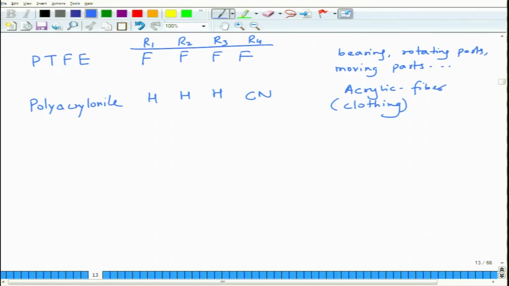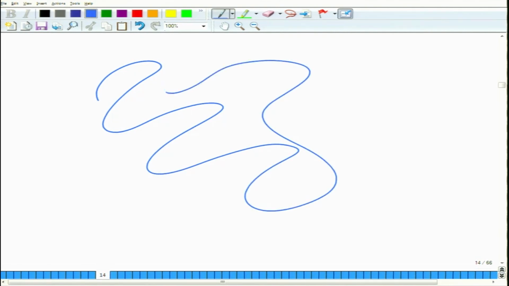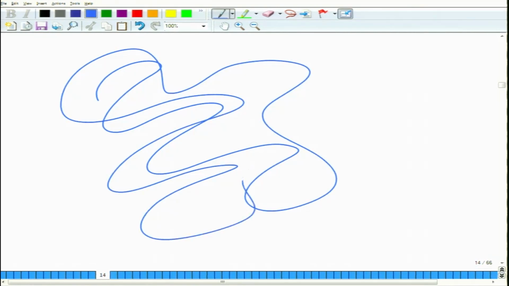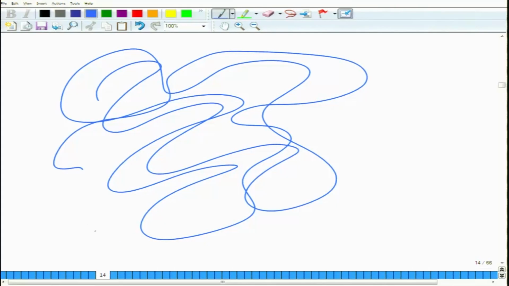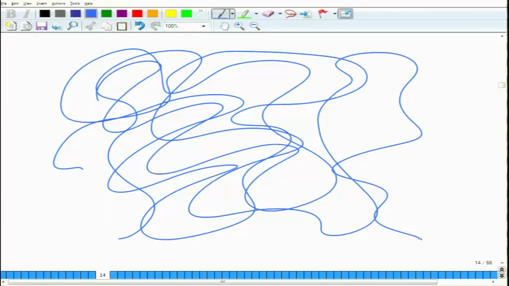So essentially, a long chain polymer would look like this: you have this long chain going, and then you have another long chain going like this, and along the chain you will have molecules sitting next to each other. So this is basically a long chain polymer.